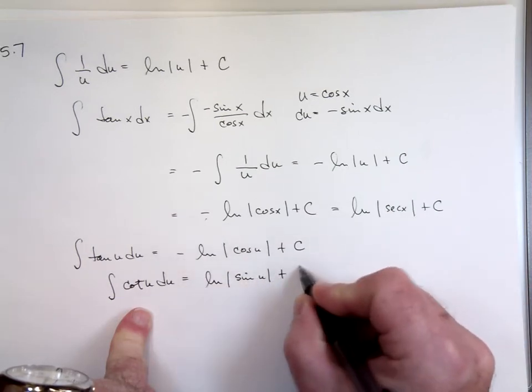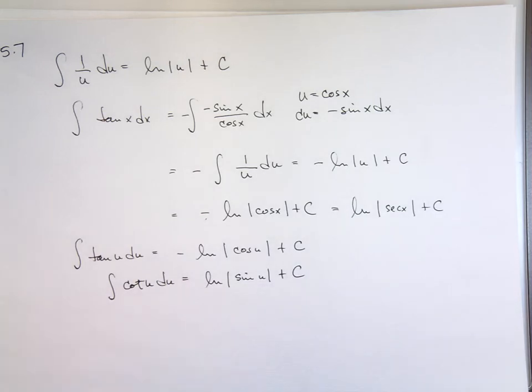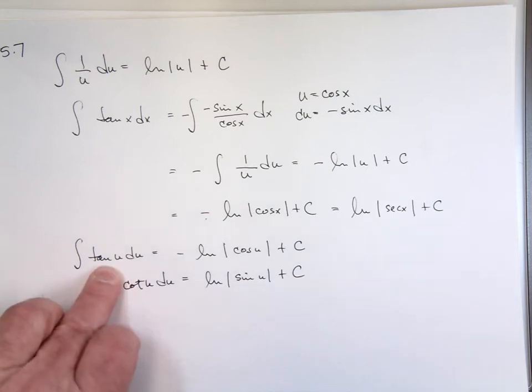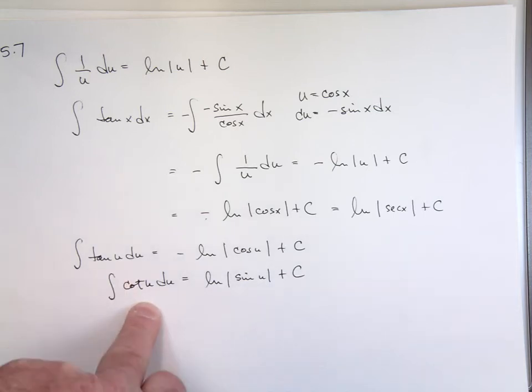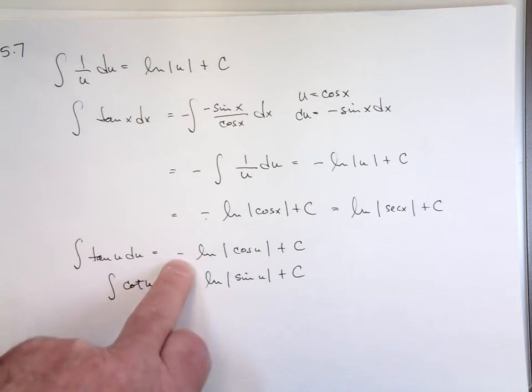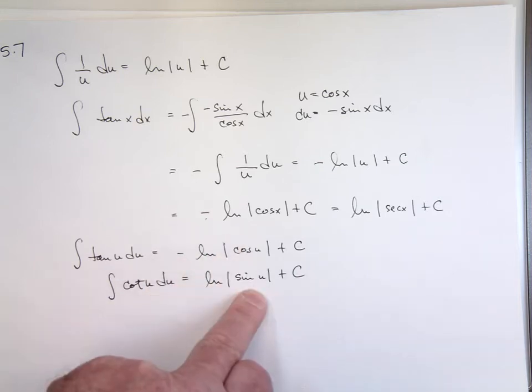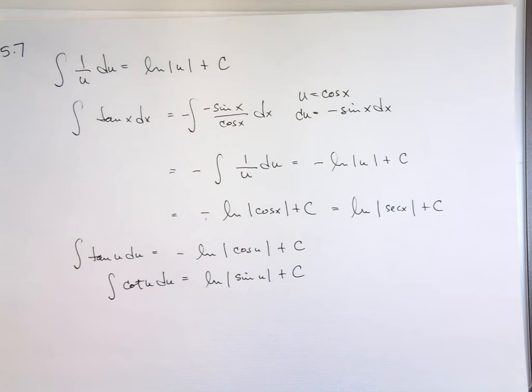It's a trick that works for trig functions when you take derivatives and integrals. If you know the integral of tangent, you automatically know the integral of cotangent, its co-function, by taking the opposite of the co-function. That's a little trick that works. I'm not going to ask you this one. It's just not worth memorizing. But you should be aware of the trick, though. So I'm kind of contradicting myself, but I don't know. I'll figure it out.